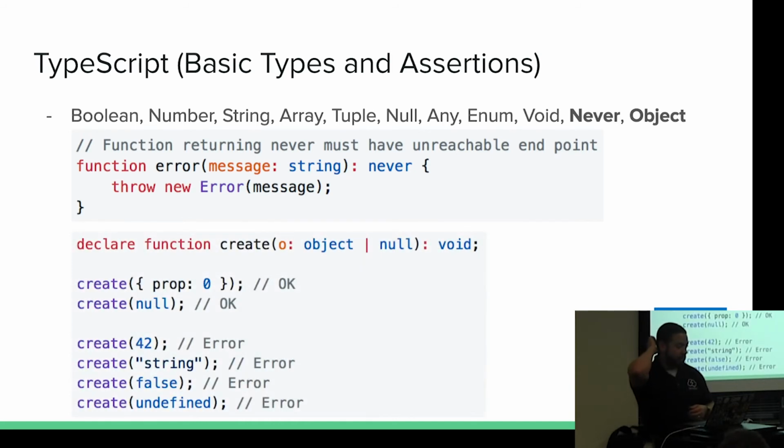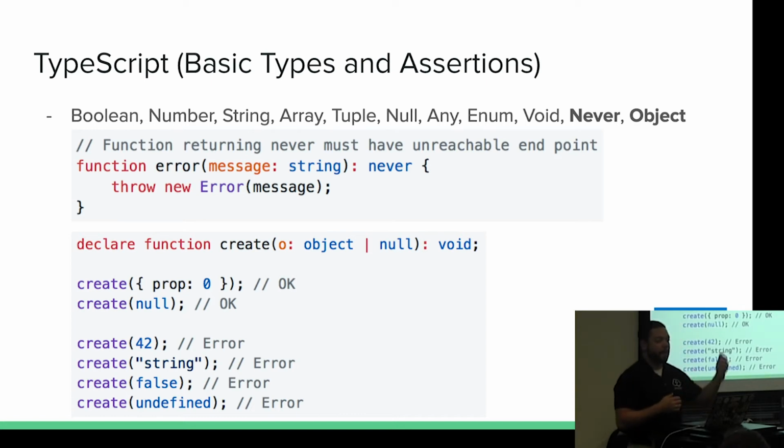And then we have the object type. The object type is basically saying it is a JSON object. It's some form of an object. In here, we're showing something slightly more advanced as well. We're showing how TypeScript does unions, meaning that in this function parameter, instead of like in the top example where we know that the message has to be of type string and it will error at you if you try to pass in something that's not a string, here we can pass in something that's either an object or a null value.